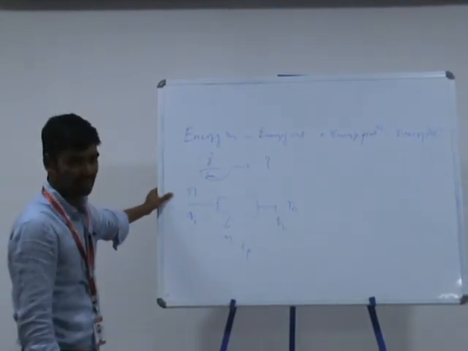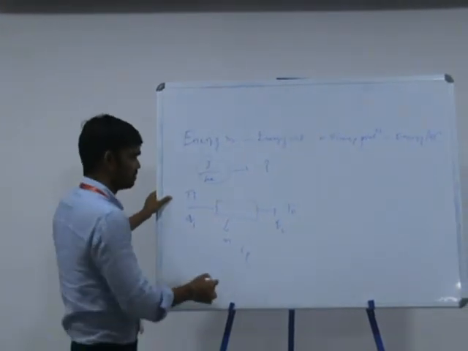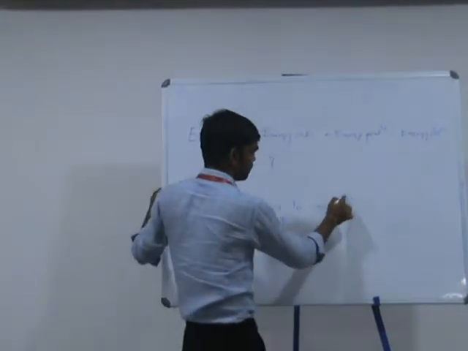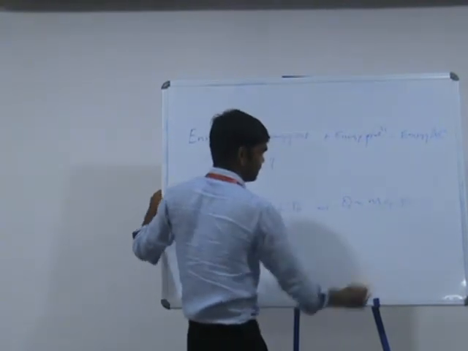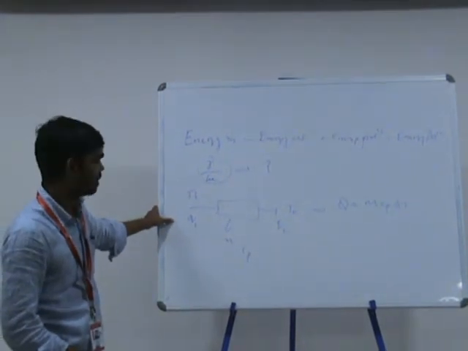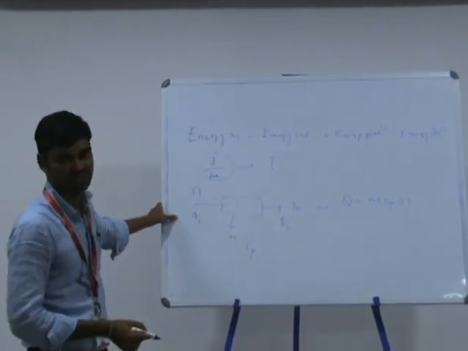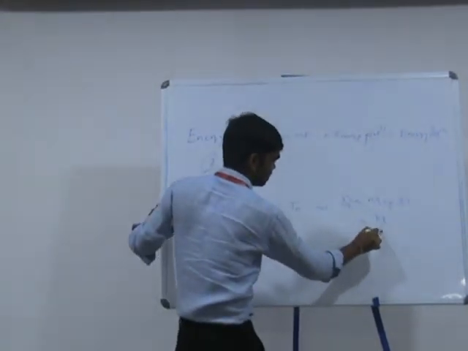Now you have to calculate how much energy is transferred through that substance. We know that Q, the rate of heat transfer, equals m Cp delta T, where m is the mass flow rate of your fluid, at what rate that fluid is flowing through that substance, and its units are kg per second.